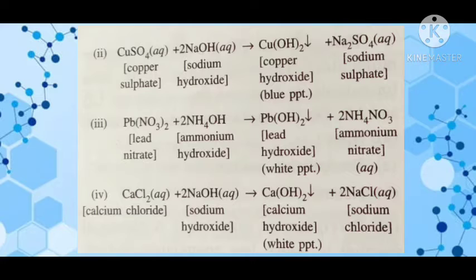Aqueous solution of copper sulfate, when added to aqueous solution of sodium hydroxide, gives a blue colored precipitate of copper hydroxide in the aqueous solution of sodium sulfate. We can represent the chemical equation as CuSO4 plus 2NaOH gives Cu(OH)2 plus Na2SO4.